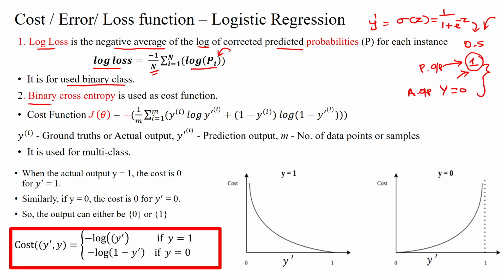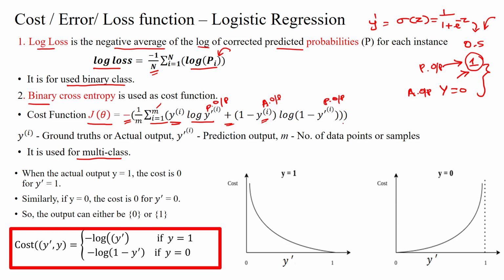This log function can be applied to binary class classification. The second loss function is binary cross entropy, which is used for multi-class classification. The cost function is given as J of theta equal to minus 1 by m, summation of i equal to 1 to m, where m is the number of samples, of yi, the actual output of the ith sample, times log y dash of the ith sample, that is the predicted output of the ith sample, plus 1 minus the actual output of the ith sample times log of 1 minus the predicted output of the ith sample.